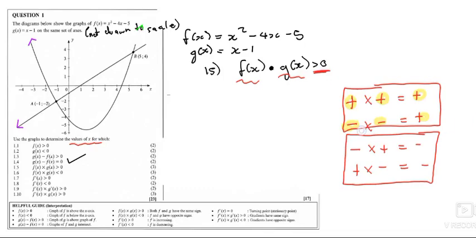If you multiply negative 1 by negative 1, the negatives cancel out, you get a positive 1. If you multiply negative 1 by a positive 1, you get a negative 1. Multiply a positive 1 by a negative 1, you get a negative 1. So if the signs are different, you get a negative answer. But if the signs are the same, you get a positive answer. That is exactly what they are trying to tell you over here.